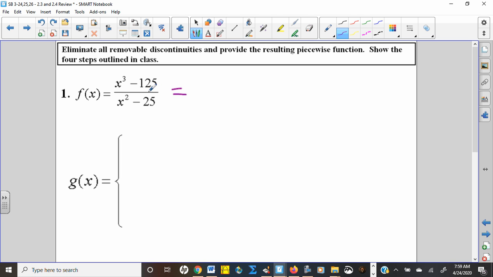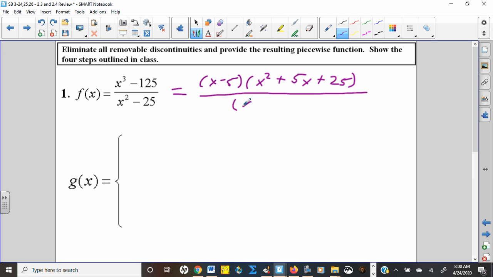So like on this one, you have difference of cubes on top, so x minus 5, right, would be the cube root of x cubed and 125, and then the formula would be the first thing squared plus the two terms multiplied plus the last thing squared.